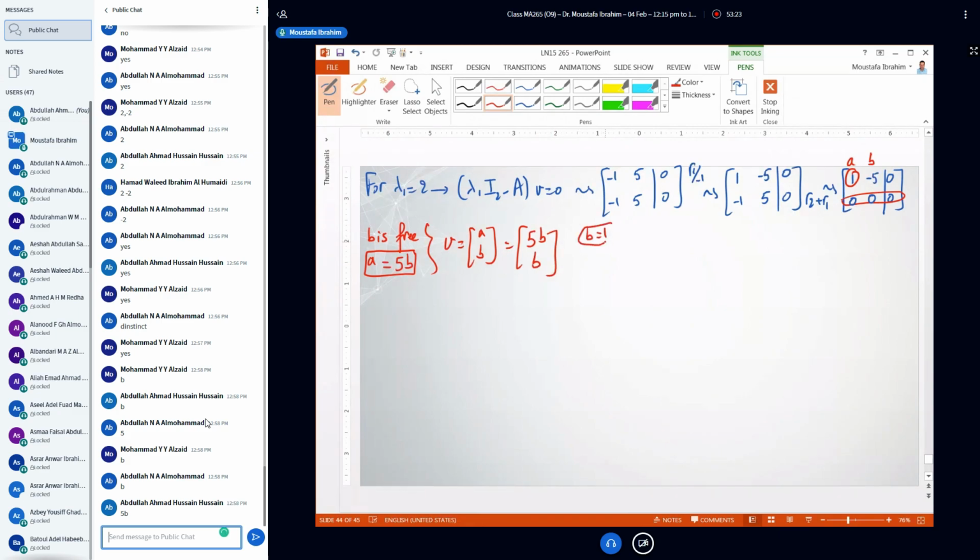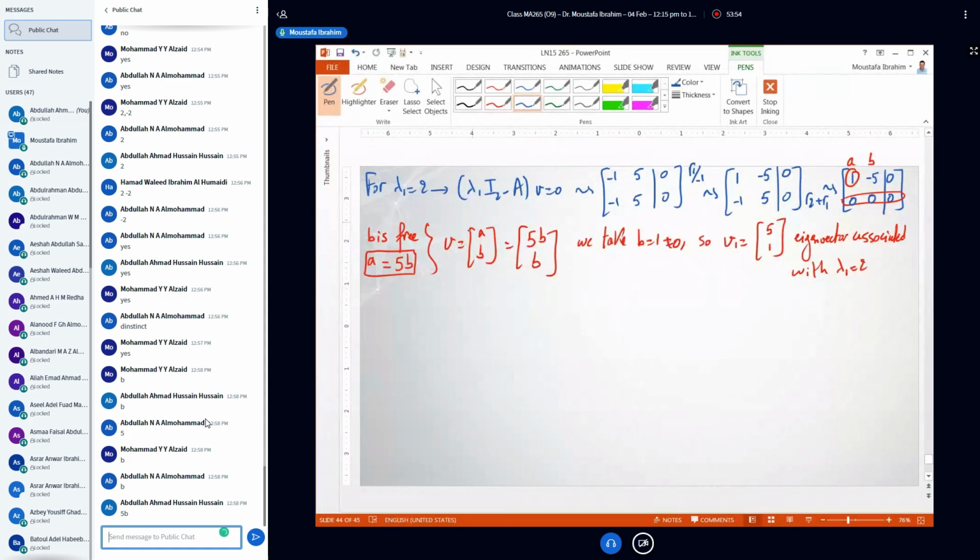If B equal 1, V1 is equal to 5, 1, correct? This is the eigenvector associated with lambda 1 equal to 2.